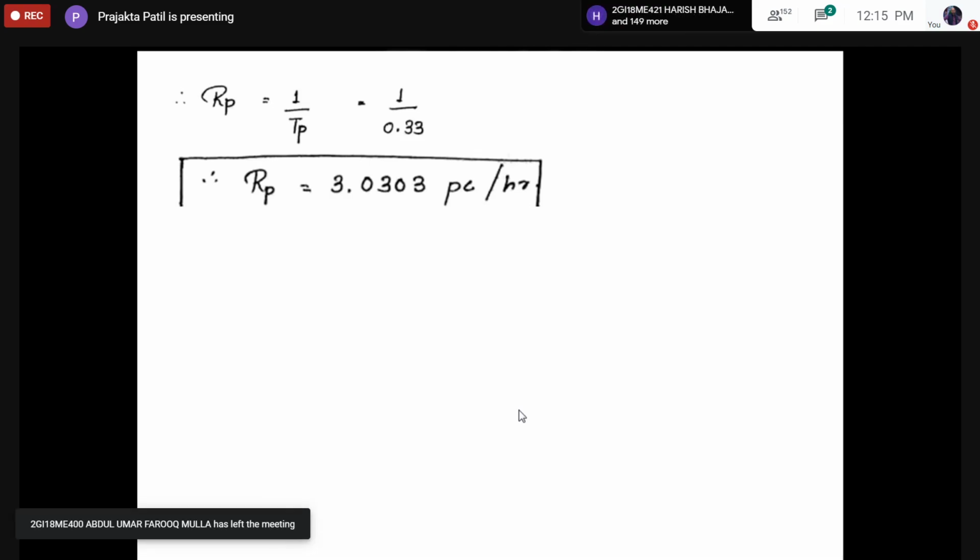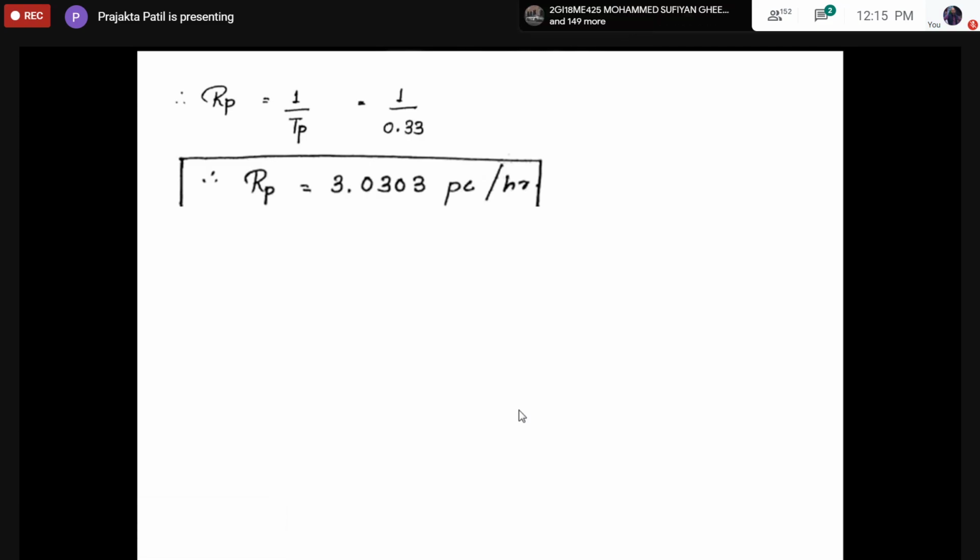All are getting this? Any difficulties in getting RP? Now find out what is the production capacity by substituting the values.